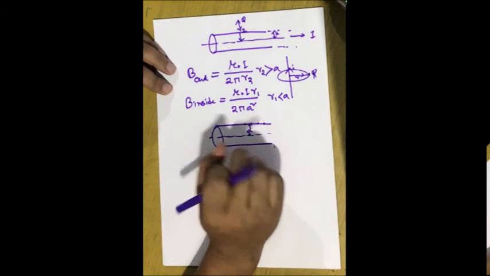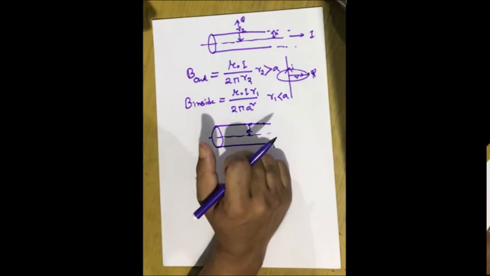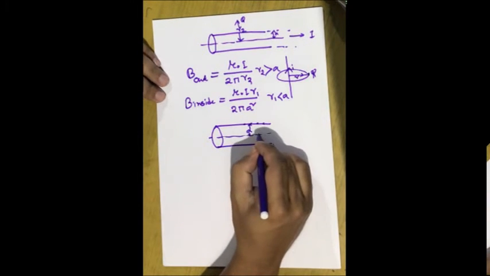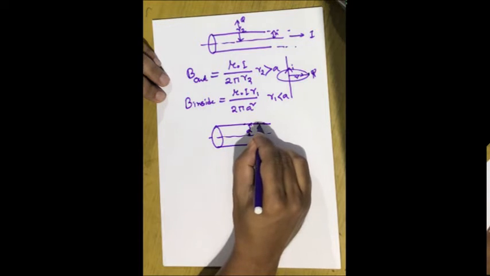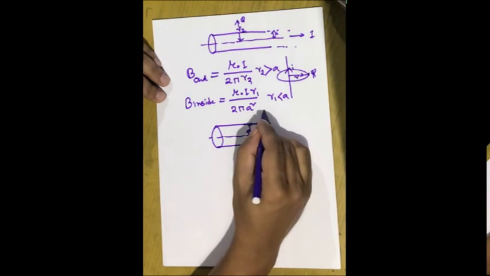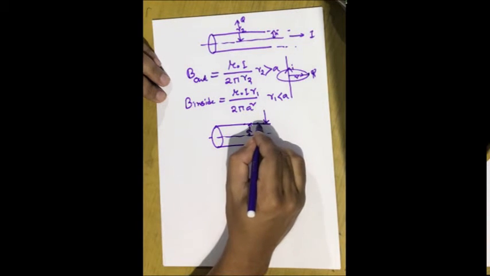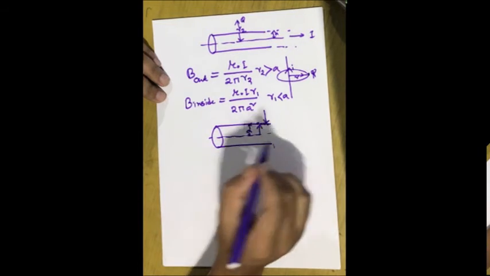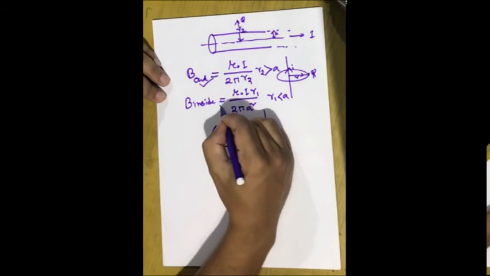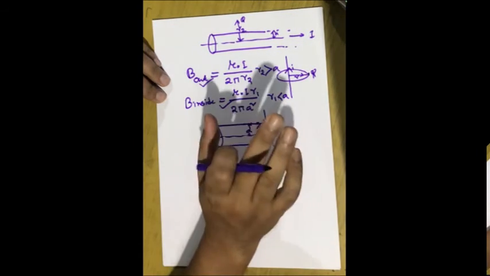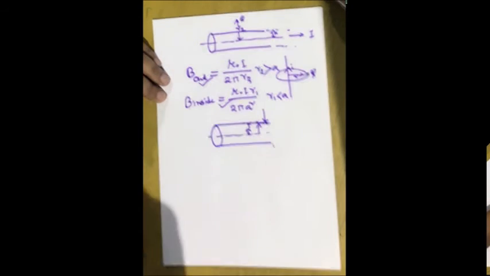For that we are going to follow two paths. First we approach the wire from inside, and next from outside. If at the surface both these values are equal, then we are sure that our two expressions are correct. If not, then there is some mistake.